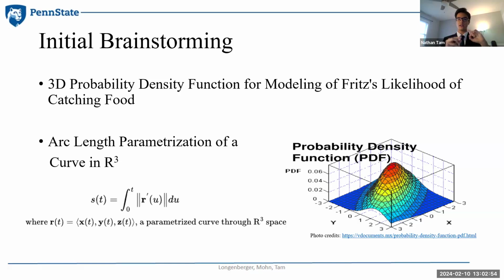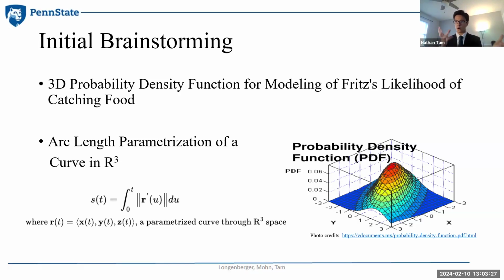Our idea with this was that if we could come up with a 3D probability density model, could we then use methods from multivariable calculus, such as arc length parametrization or line integrals, and calculate the total amount of quantity that a trajectory of a flying object passes through this probability density function. The idea behind this was that if we could calculate the probability of an object flying through Fritz's probability density model, we could come up with an optimized probability density model for a dog that can catch.